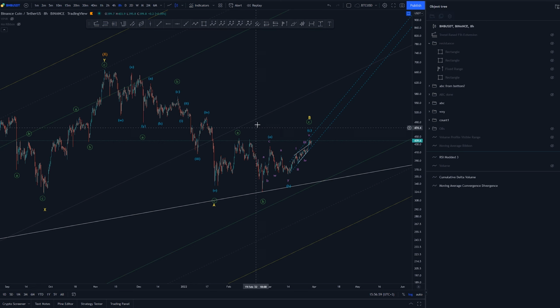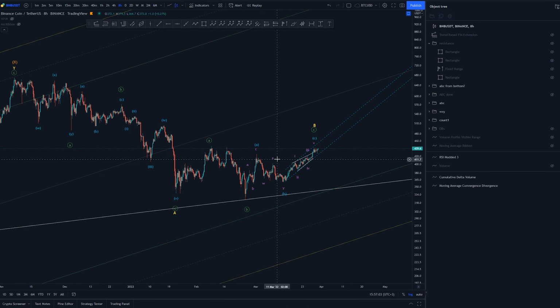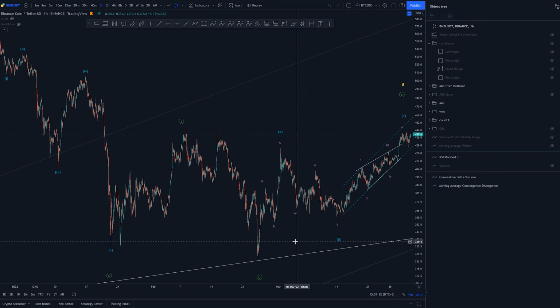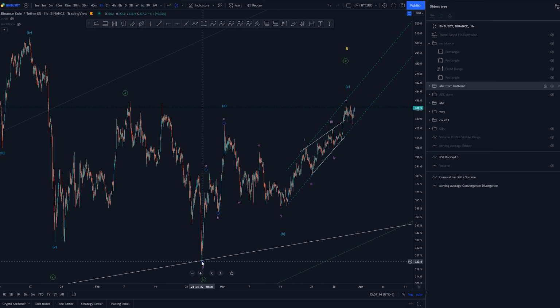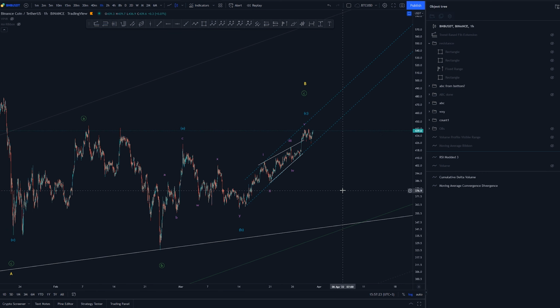This action here doesn't look too bullish to me, although I can see 5 waves being able to be placed on this correction. Why here? Well, this is the lowest point again, and only after this point can we think of any impulse waves in Elliott Wave terms.